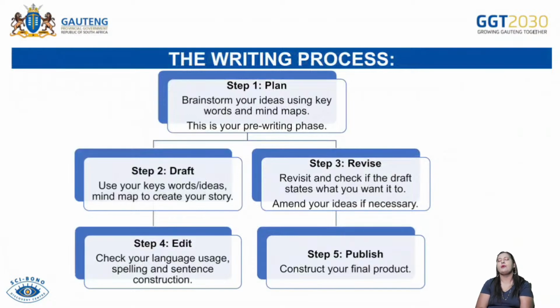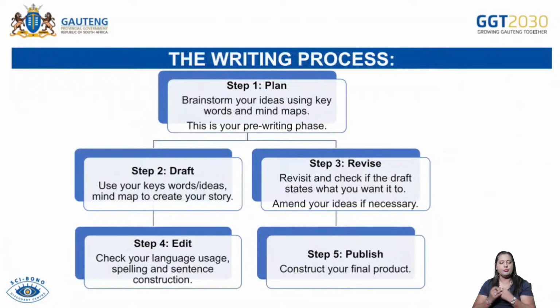Remember that whenever you are doing any kind of writing, you need to work through this process, because it gives you a substantial plan to produce an almost error-free piece of work that's targeting the right audience, addressing the necessary content that is required of you, and making it interesting, so that your audience is latched on to what you're saying and is able to provide good feedback to you in terms of an assessment mark.